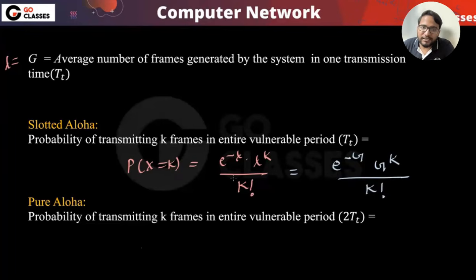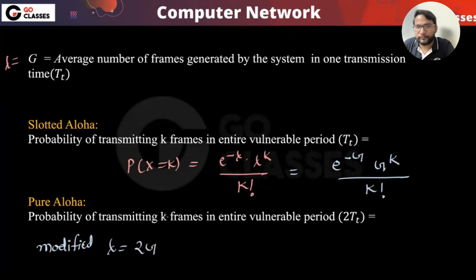But interestingly, this lambda we need to modify in pure Aloha. Since they're asking for the vulnerable time, which is 2TT, the probability of transmitting k frames in the entire vulnerable time, they're asking for the 2TT time. The given lambda is for TT time, and now you want to calculate something for 2TT time. So what is the modified lambda?